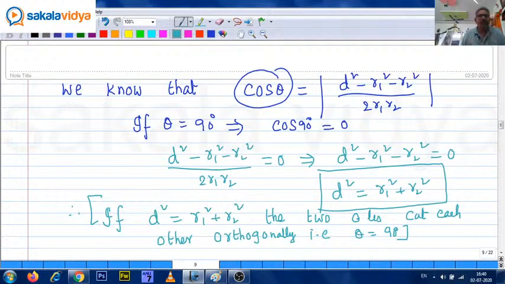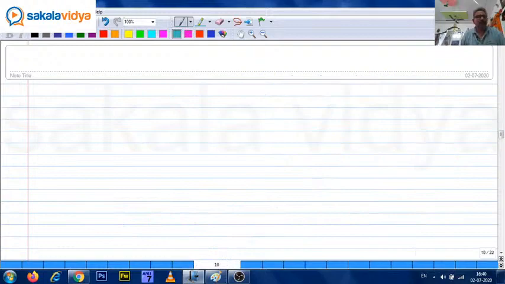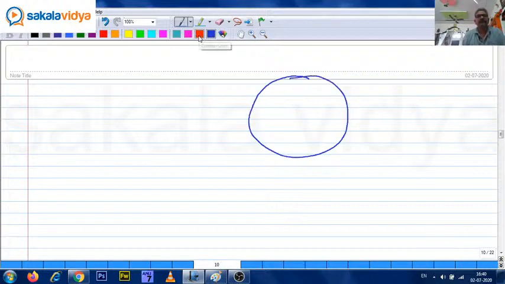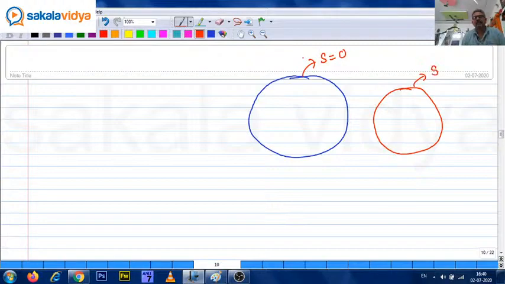Okay, now next point. For example, this is a circle, first circle. Take this as second circle. Say S is equal to 0. The equation of this circle is, say the equation of circle is S dash is equal to 0.